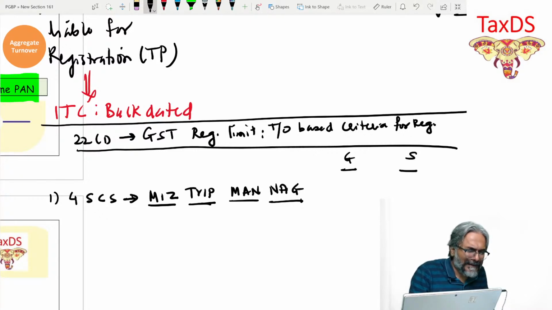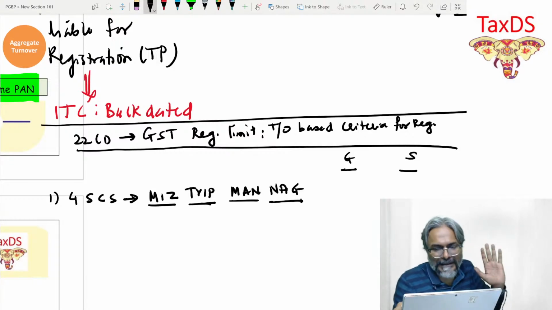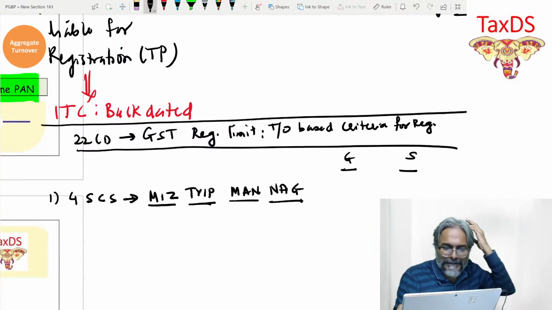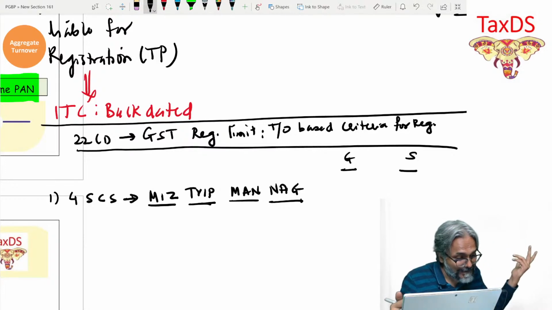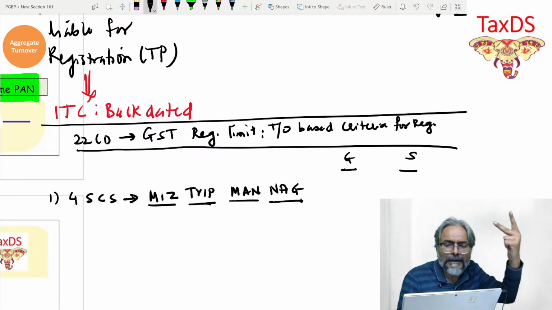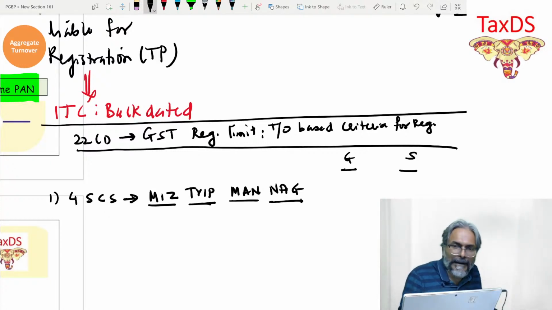You can remember it as Mistrip, Mannag, or Misman, Tripnag. But don't use N double M T, because then there is Meghalaya, Manipur, Maharashtra. A lot of states are there in M, no? Whatever suits you, the way you can remember it.